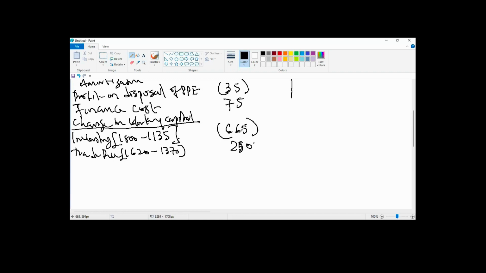The next thing is liabilities. Trade payables. What is the trade payable at the beginning? 1760 minus 1370.